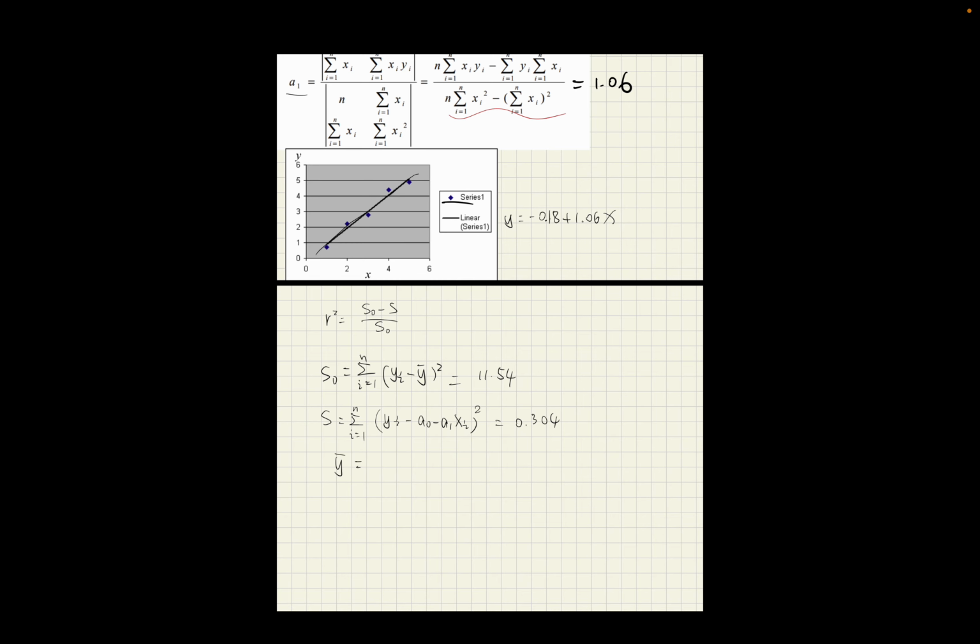Now y bar is actually 3, so for R, just put all the values in it. Pretty good. Really close to 1, as you can see. So from the graph, the performance is good, right?